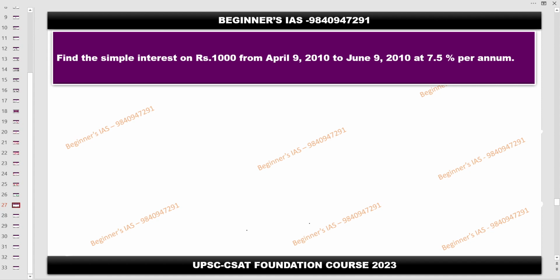Please learn this model since it is an application based question with respect to the calendar. That is why I am providing this question. This question is very important. Question looks very simple, application based. Just tell me how many number of days are there. Principal I know. Just tell me number of days.